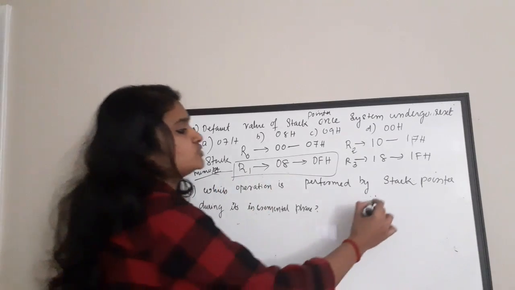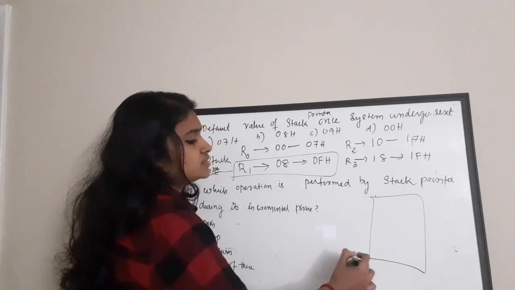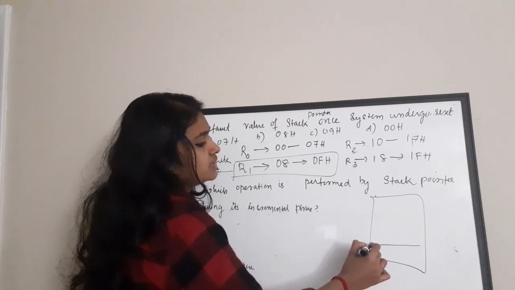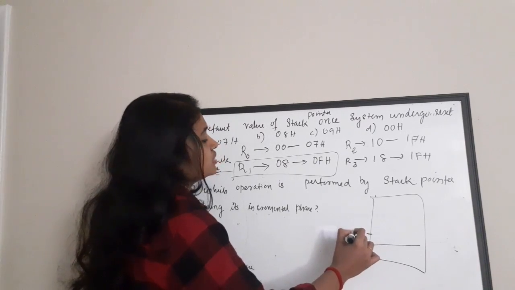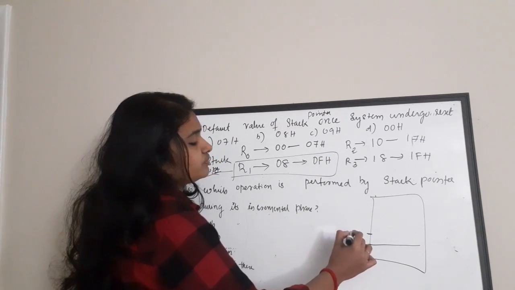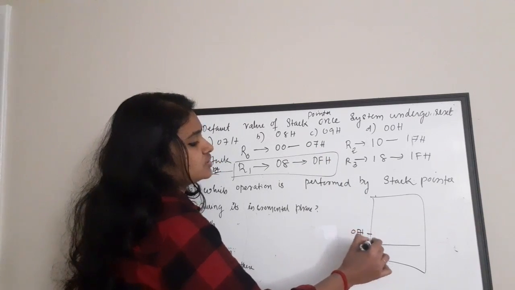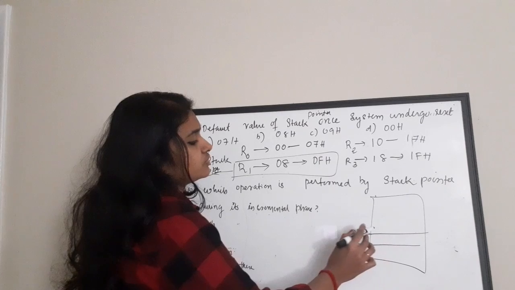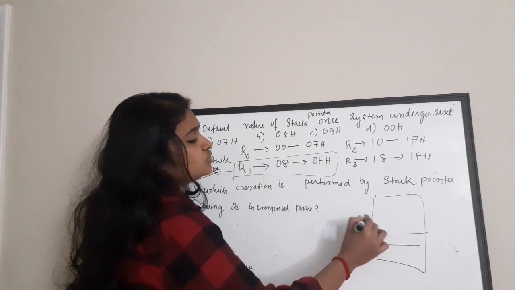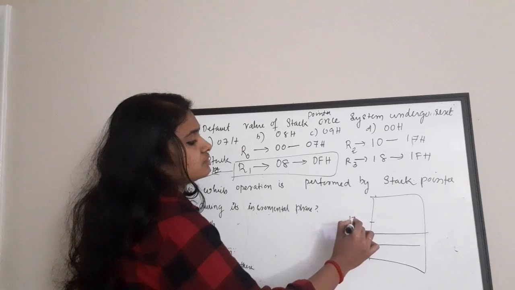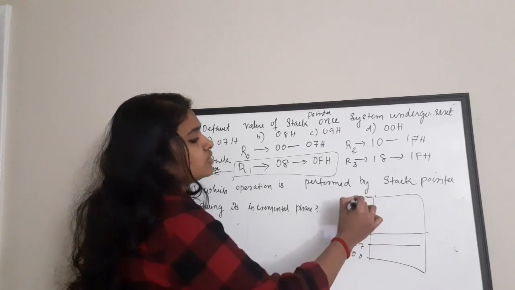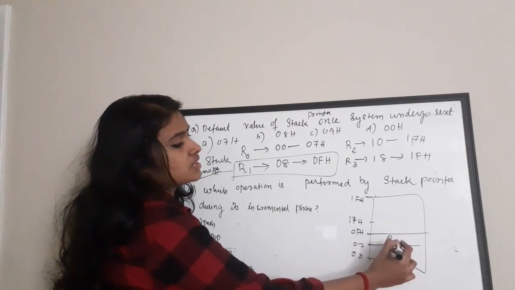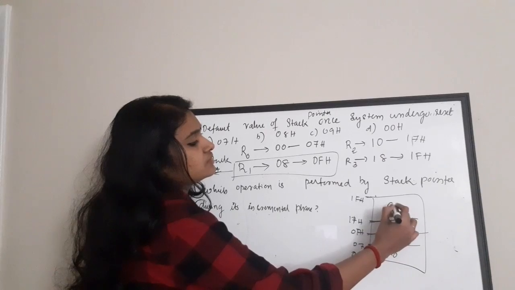That is, if you see the diagram, it will be like this. 00 to 07, then 08 to 0FH, then 10 to 17, then to 1FH, likewise. So where this is R0, this is R1, this is R2 and this is R3.